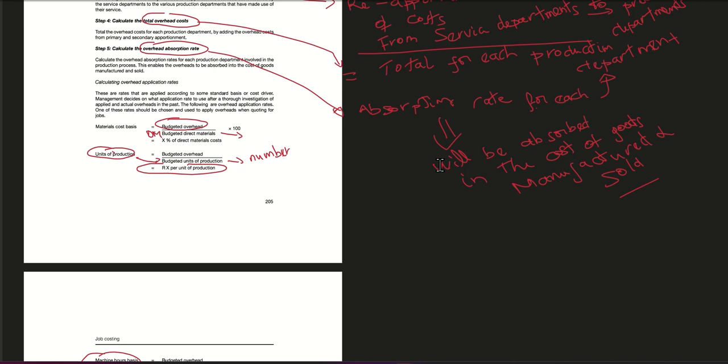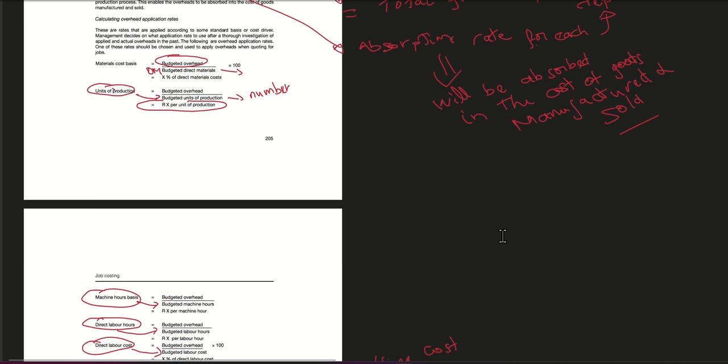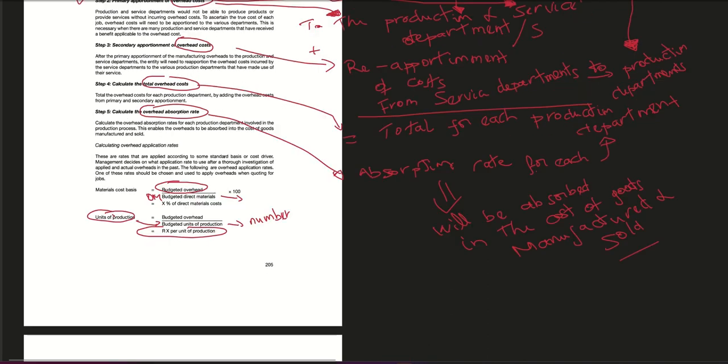All right. Now we come to a very important concept, the basis or cost driver, which is a concept you are now familiar with. The basis, the standard basis or cost driver. Because remember, what we want to do is that the overheads need to be absorbed into the cost of the goods that are manufactured and sold.